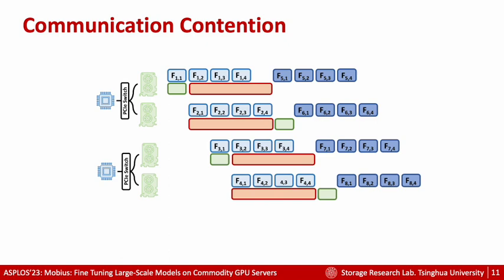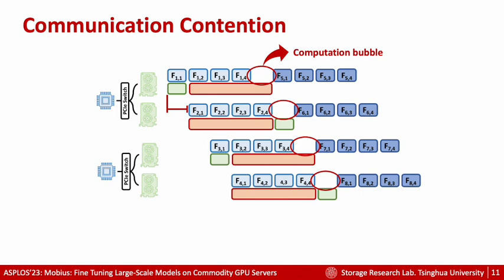Communication contention results in a computation bubble influencing training efficiency. Look into the cause of communication contention. The prefetching time of adjacent stages is so close that GPUs need to communicate at the same time. The possibility of communication contention is much higher if two adjacent stages are mapped to GPUs under the same CPU root complex.